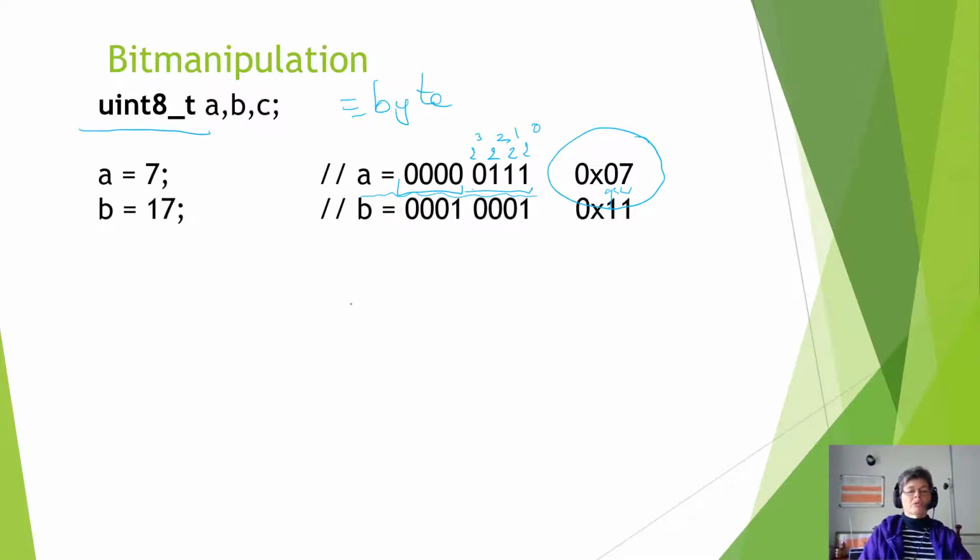Another example, B is 17. If you immediately think in hexadecimal, you know that a hexadecimal digit goes from 0 up to and including 15. F is 15. So if we have 17, that means we put 1 times 16 into the high nibble, the most significant nibble, and then we have 1 left for the least significant nibble.